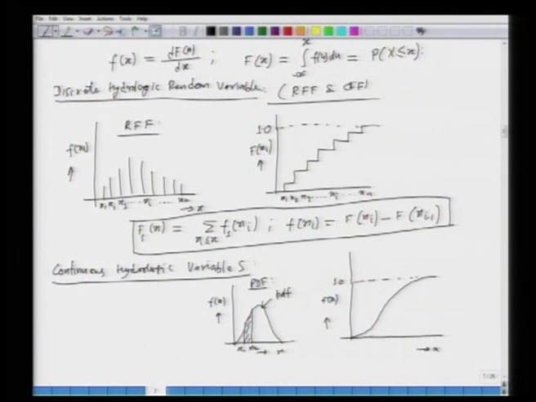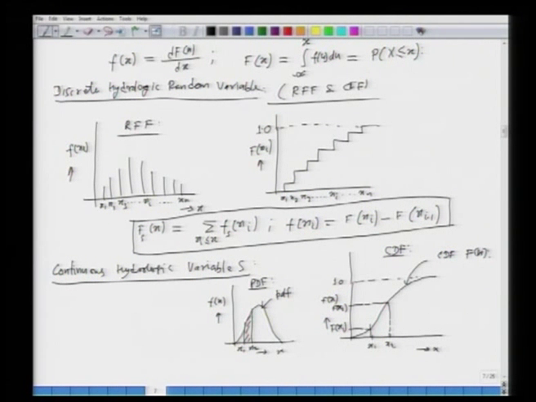So, here if you take the same magnitudes x1 and x2, the corresponding values of your CDF are, let us say, F at x2 and F at x1. So, this curve is representing your CDF, which is F of x.